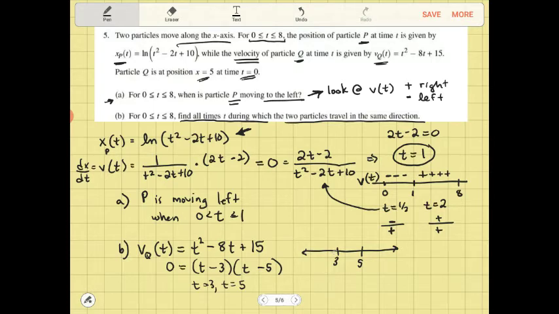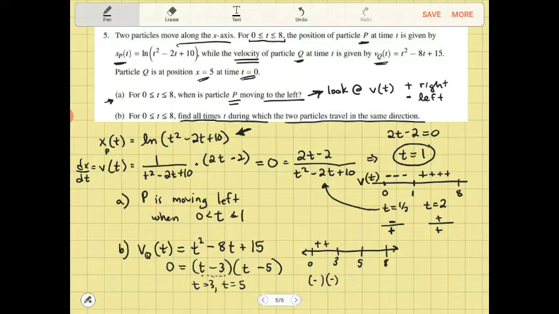So, let's plug in numbers between 0 and 3, 3 and 5, 5 and 8. And let's see when the particle is moving left or right. So if I plug in 1, my first factor over here is going to become negative. And the second one is also negative. So then the overall product is positive.